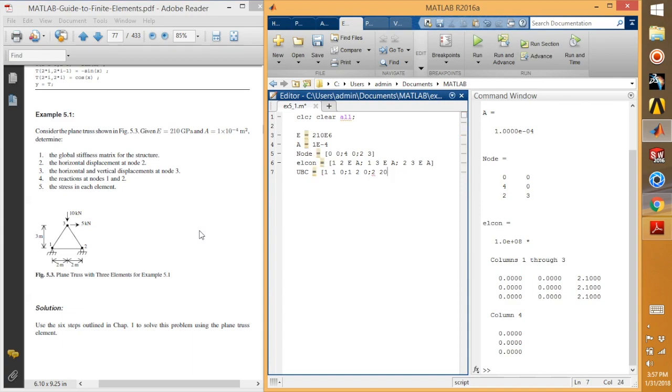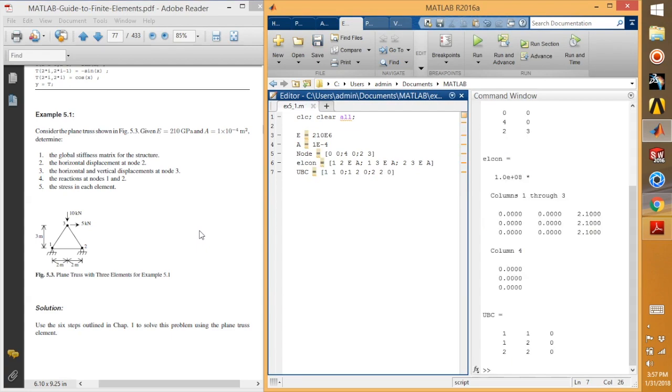Now let's define the boundary conditions for force. The first node is fixed, so we don't specify any force there. We have a roller support at the second node, so 2 1 0, because the force is not specified, so we can simply type 0.